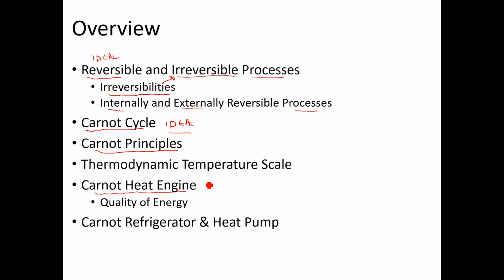The heat engine we'll study would not be a Carnot heat engine, but we'll study it in the light of Carnot principles and determine the maximum efficiency that a heat engine could have. Based on that, we'll define the quality of energy, again a concept associated with the second law. And based on the Carnot principles, we'll also study the Carnot refrigerator and heat pump.